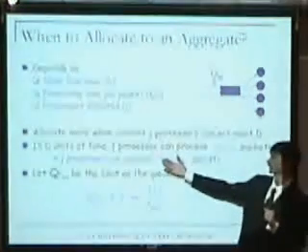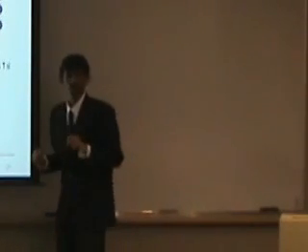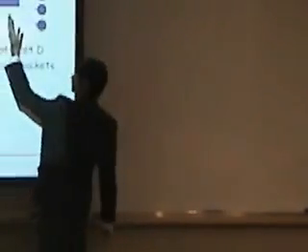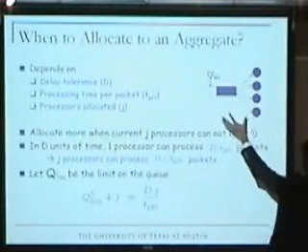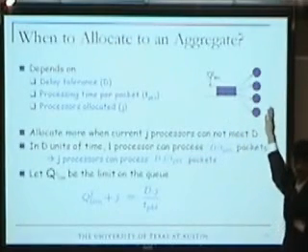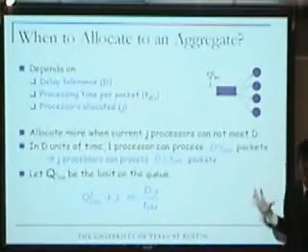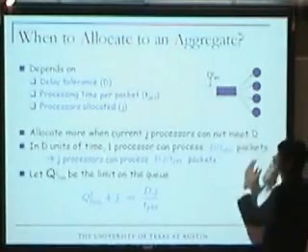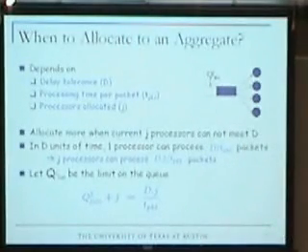So the way I can calculate this is that in D units of time, one processor can process d by t packets. Which means if I have j processors, then I can process dj by t packets within d units of time. Right? Now, if I place a threshold on the queue and say that all these packets after the threshold and the packets currently being processed in the processors have to meet their delay bounds, then these packets have to be processed within D, within the delay bound.